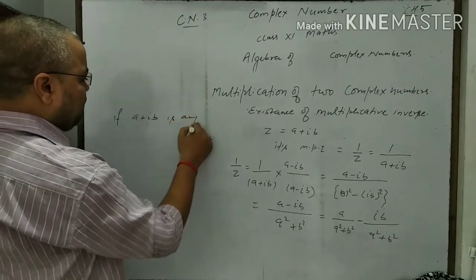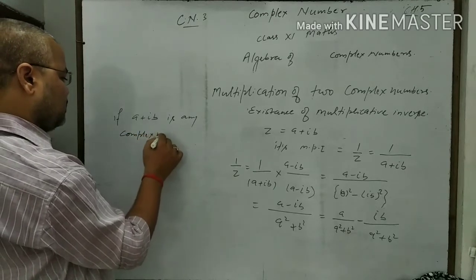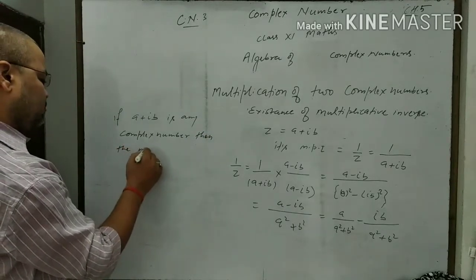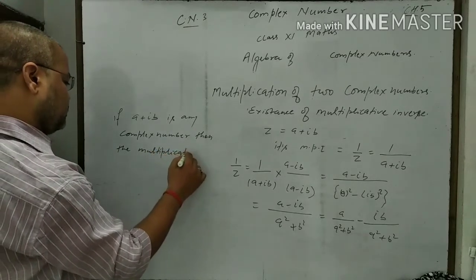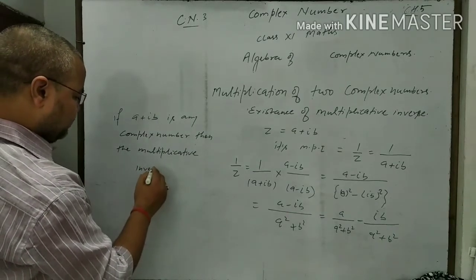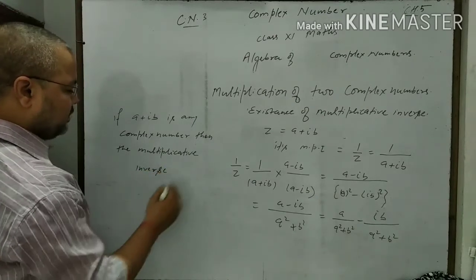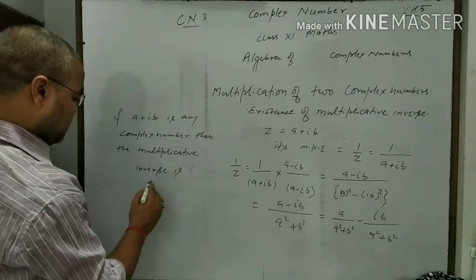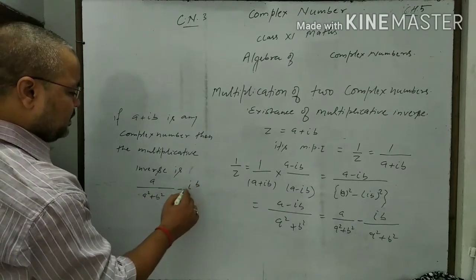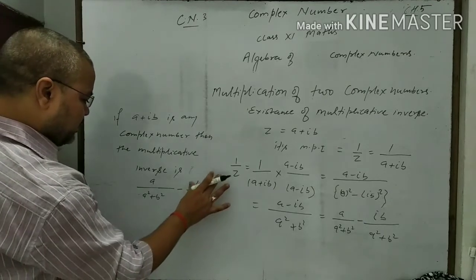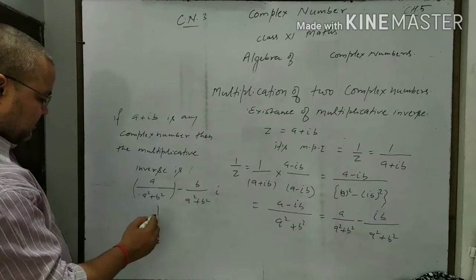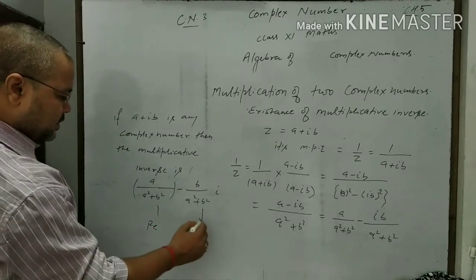It means if a plus ib is any complex number, then the multiplicative inverse is a upon a square plus b square minus ib upon a square plus b square, where this is the real part and this is the imaginary part.